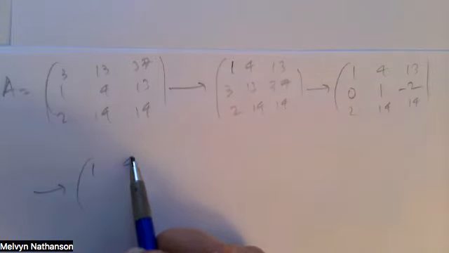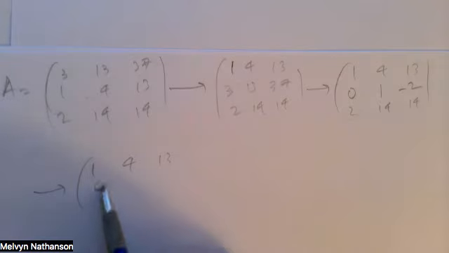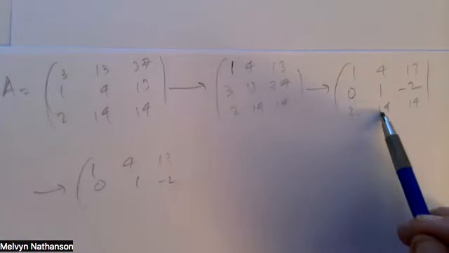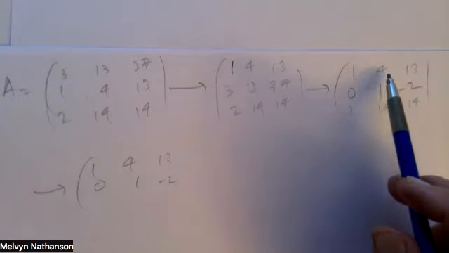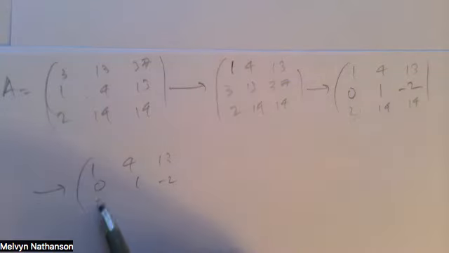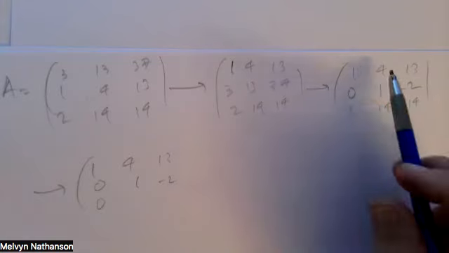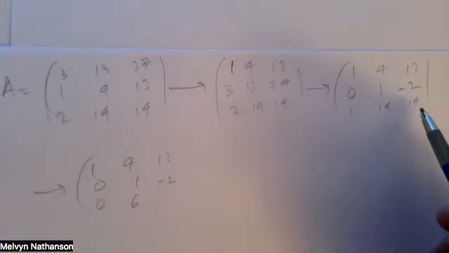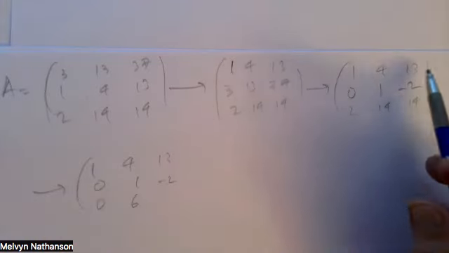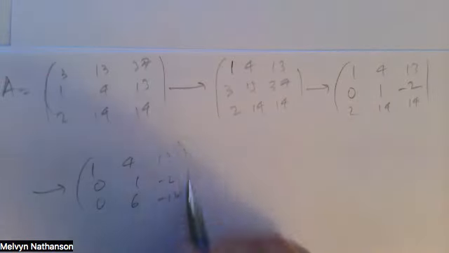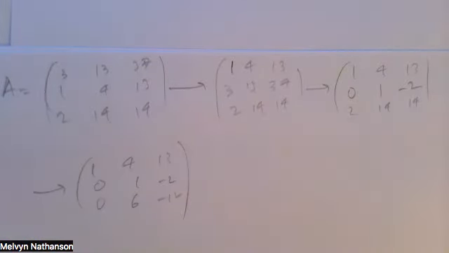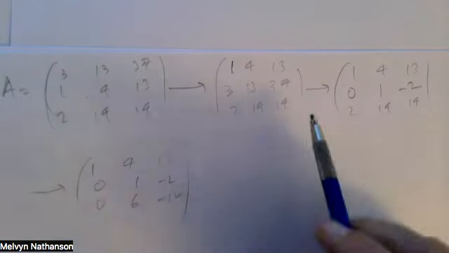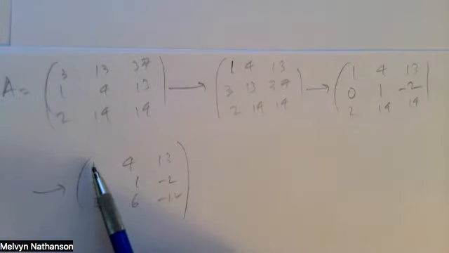So I leave the first row and the second row alone, and from the third row, I subtract twice the first. 2 minus 2 is 0. 14 minus 8 is 6. 14 minus 26 is minus 12. Okay.